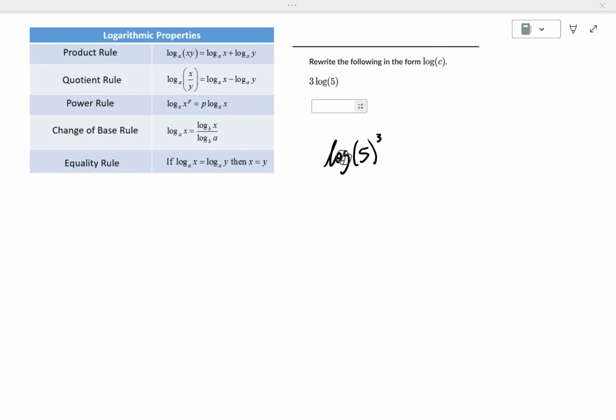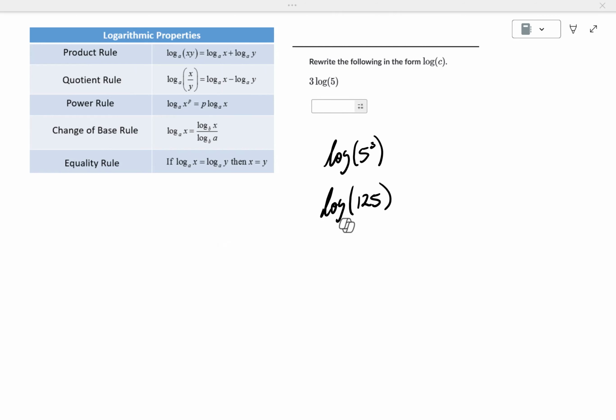Let me make sure I put the exponent in the right spot. So that's not technically correct the way that I wrote that. Let me go back. So this is actually 5 to the power of 3 like this. So this becomes log 125. Okay.